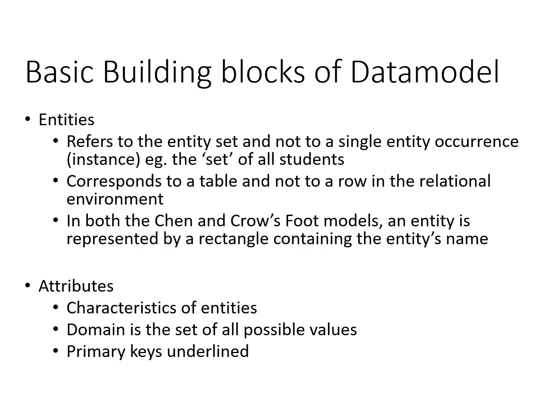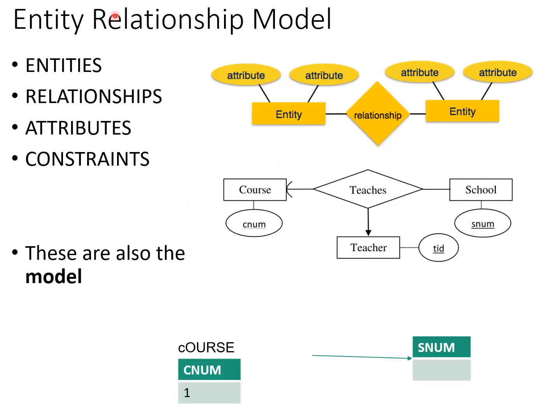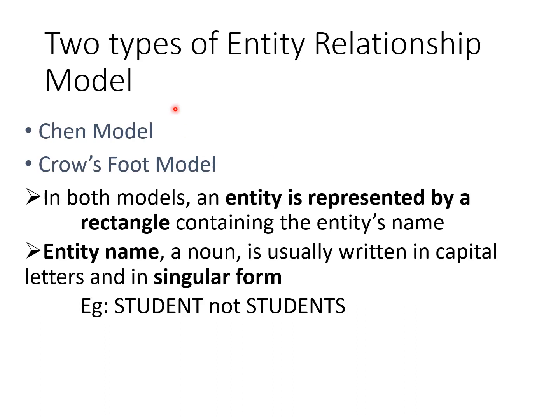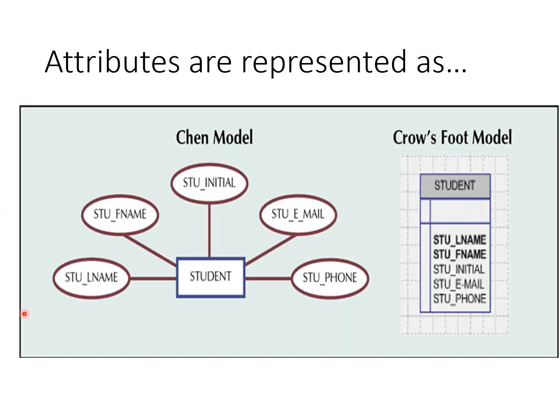The basic building blocks of the data model, which we have already seen, are entities, relationships, attributes, and constraints. And there are different types of representation for relationships. One is the Chen model and one is the crow's foot model. In the Chen model, you have an entity, a student table or relation, whatever way we call it, followed by all these attributes.